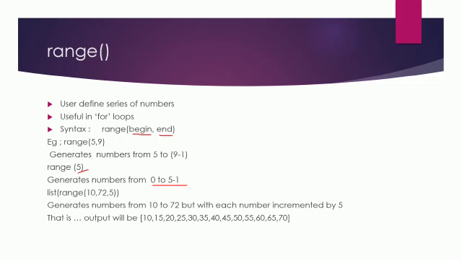Then again, list of range of 10, 72, 5. You know what is a list? It's something that gives a list of integers or whatever it is, separated by commas and enclosed in square brackets.